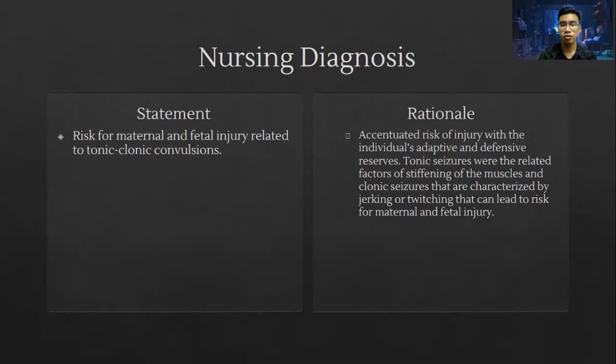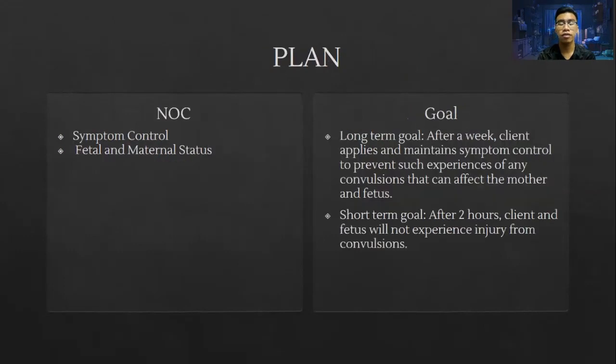So next is the nursing care plan. The nursing outcome care will be divided into two: symptom control and fetal and maternal status. For our long-term goal, after a week, the client applies and maintains symptom control to prevent any convulsions that can affect the mother and fetus health.